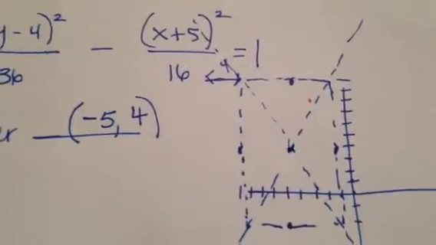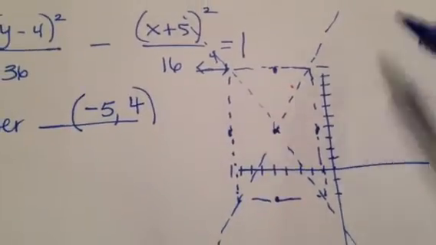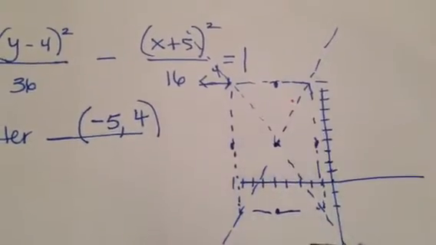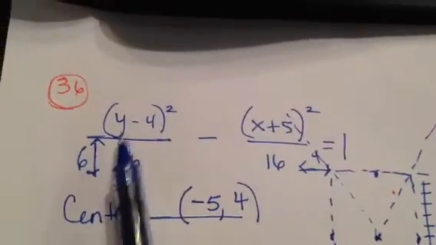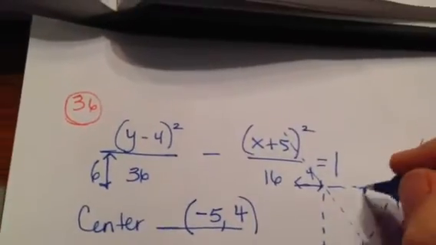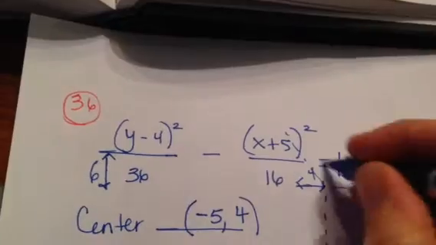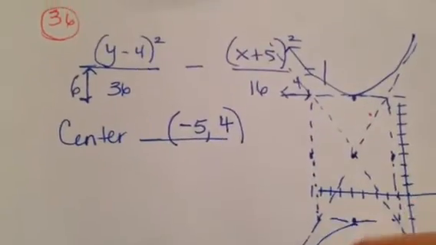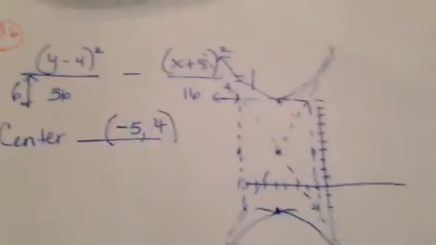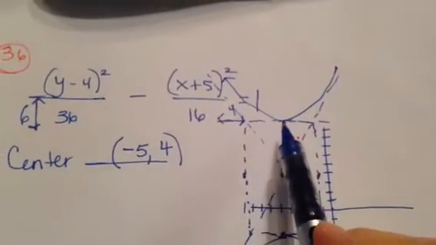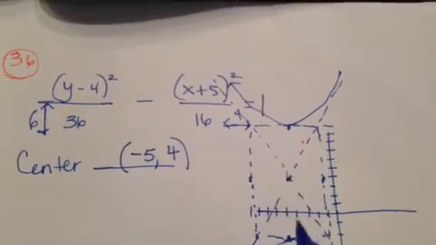Now here's where you've got to decide, does it open left and right or up and down? You can tell by what's listed first. Again, your y comes first, so it's going to be up or down. Up and down, like that. Okay, right here are your vertices. You can just tell by looking at your graph what your vertices are.